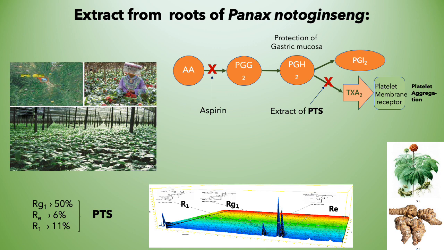This is the pathway where aspirin blocks, and therefore aspirin also blocks the production of prostaglandin 2, which is also gastric mucus protection, while the PTS from notoginseng block at this stage, so therefore they immediately block the plaque forming and also, for treatment of cardiovascular and cerebral disease, it is a better treatment strategy than aspirin, because the aspirin side effect is due to this pathway.